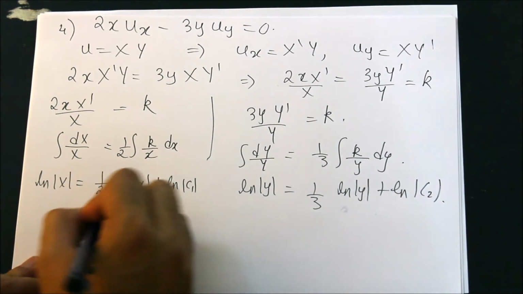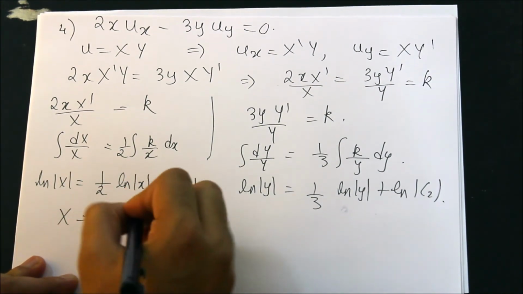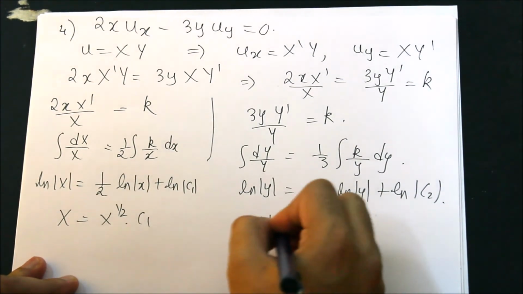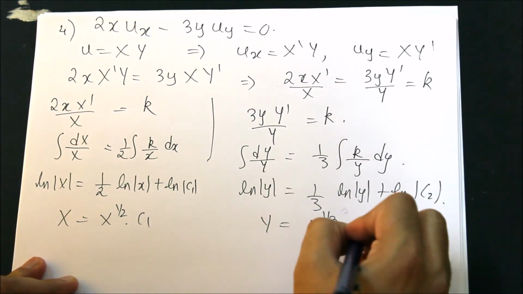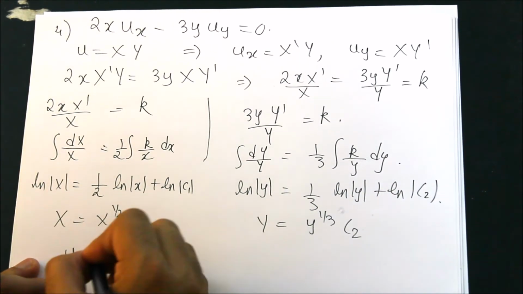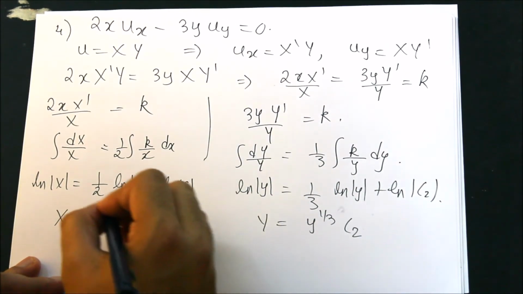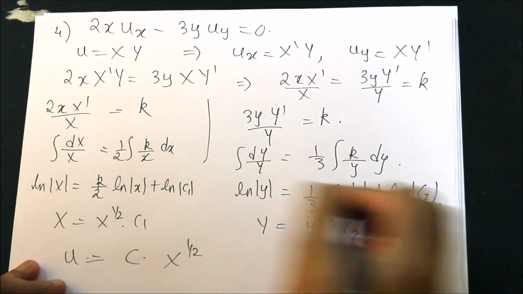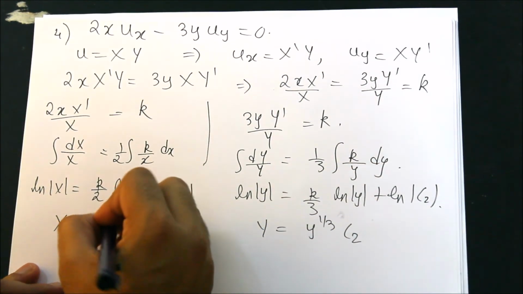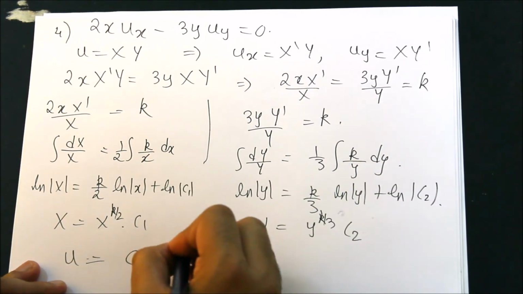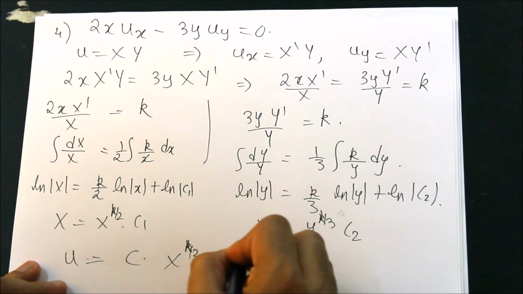My x will be x raised to 1 by 2 c1, my y will be y raised to 1 by 3 c2. So what is my u? It is the product. So if I call c1 into c2 as c, my final answer is c x raised to k by 2 into y raised to k by 3.